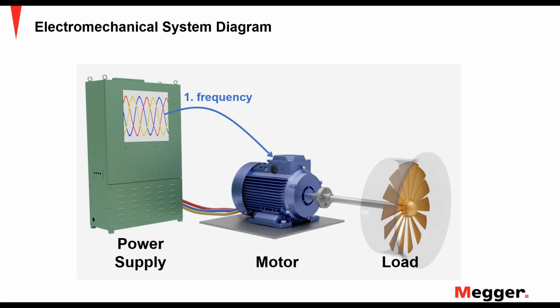And the speed at which it spins depends upon the frequency of the supplied voltage and the number of poles of that motor. That will give us our synchronous speed. Synchronous speed is the speed of the spinning field in the stator.